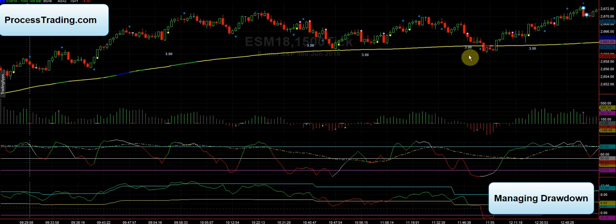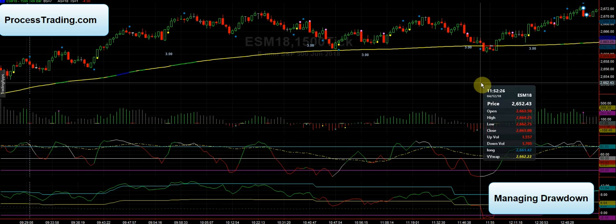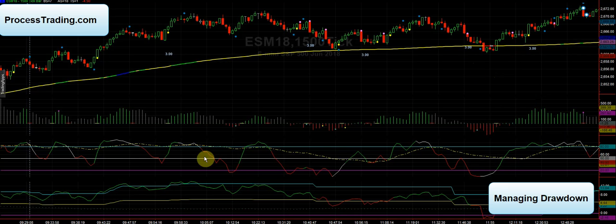Again, we go back to see what our last range indicator was. It was 3, so we're going to set it at 3.5 points. We went in here at 66.25. So our drawdown is going to be 62.75.